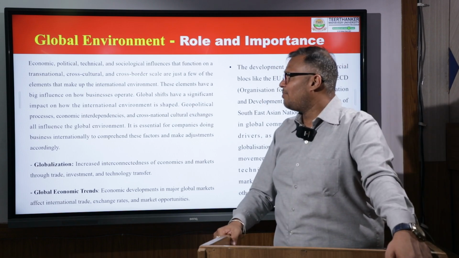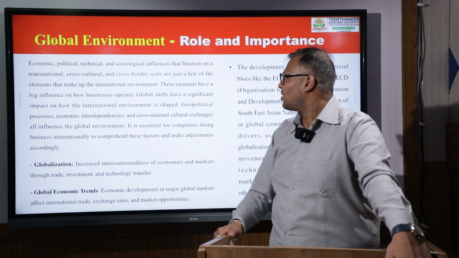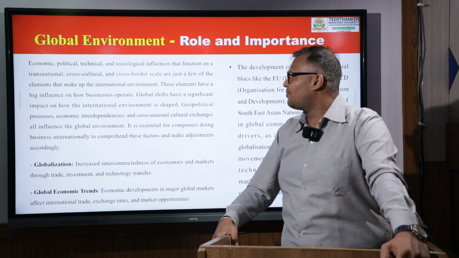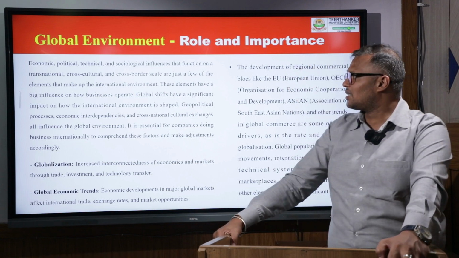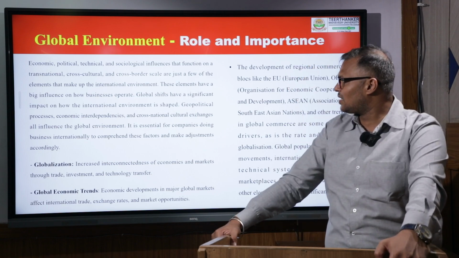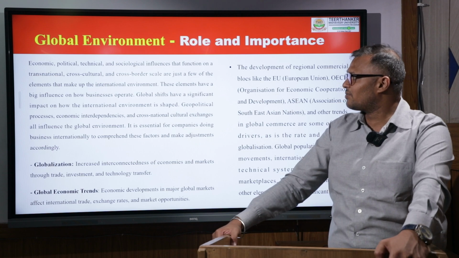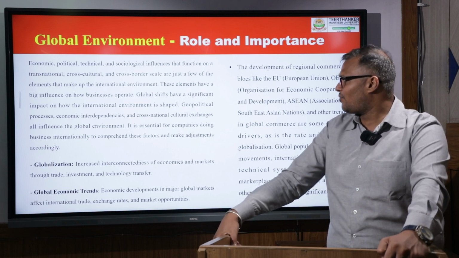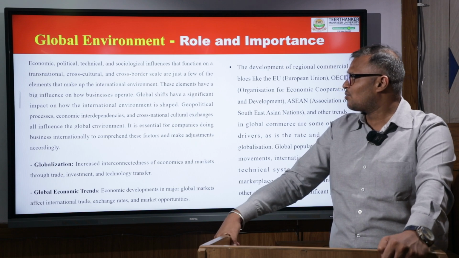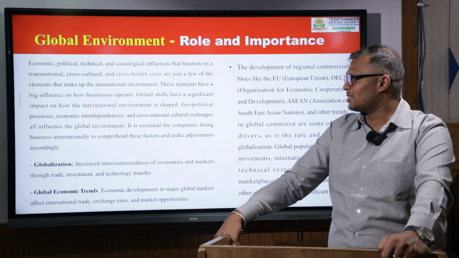These elements have a very big influence on how the business operates. The global shift has a very significant impact on how the international environment is shaped. Geopolitical processes, economic interdependencies, and cross-national cultural exchanges are those things which influence the global environment. And it is very essential for any company doing business internationally to comprehend these factors to make adjustments.